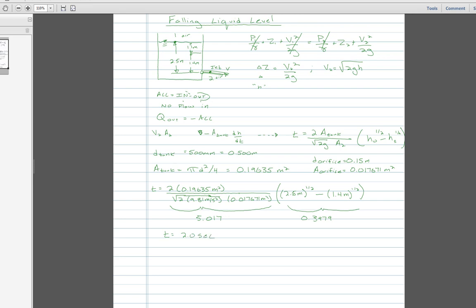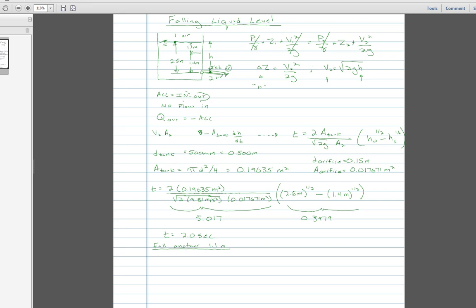The next part of the example asks how long will it take to fall another 1.1 meters. Now this is a good place to pause and think about the situation conceptually. Remember that the velocity out of the tank depends on the height of the water elevation above the orifice. And so the bigger h is, you can tell from the orifice equation, for a big h you're going to have a big velocity. We started with h being relatively large, 2.5 meters.